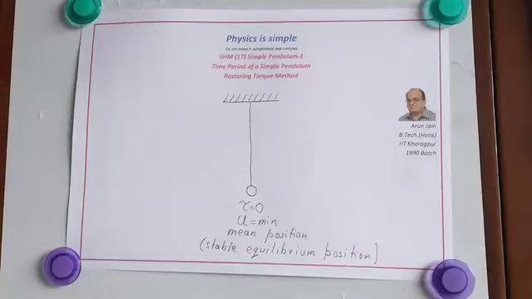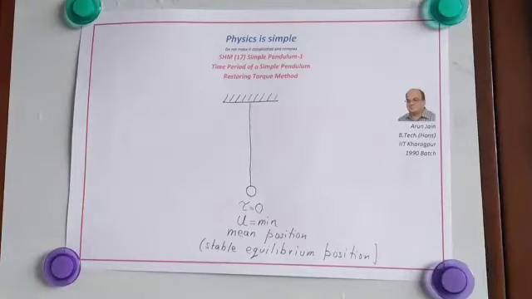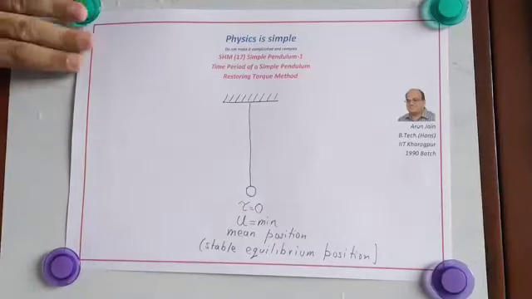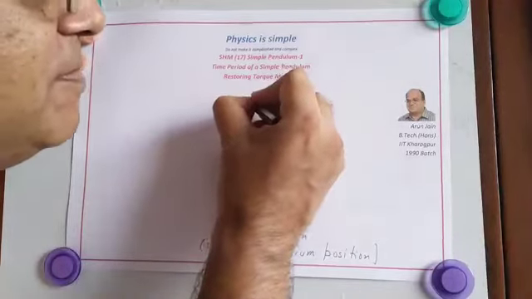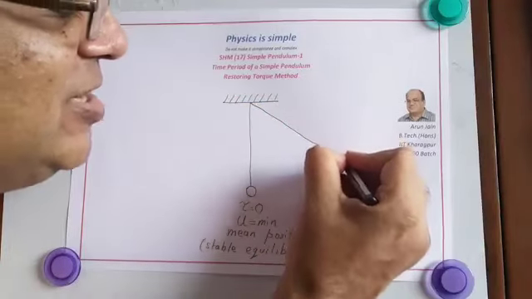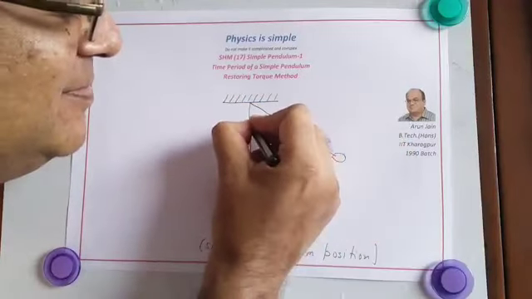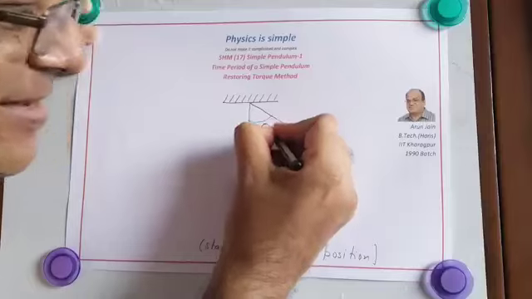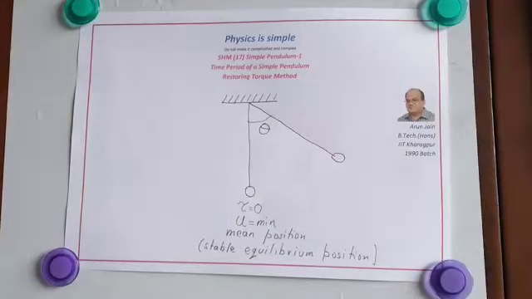At the mean position, torque is 0 and potential energy is minimum. Now we displace the pendulum by an angle theta. Theta is small, but we are drawing it big so that we can see it clearly.